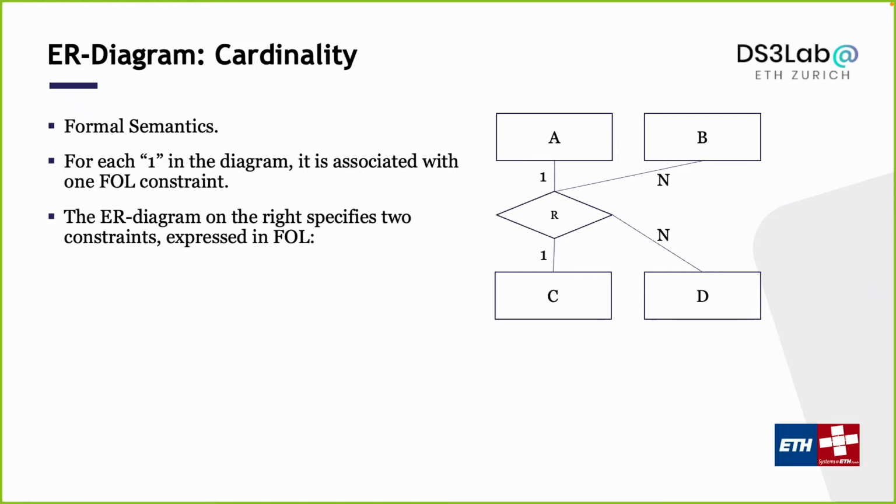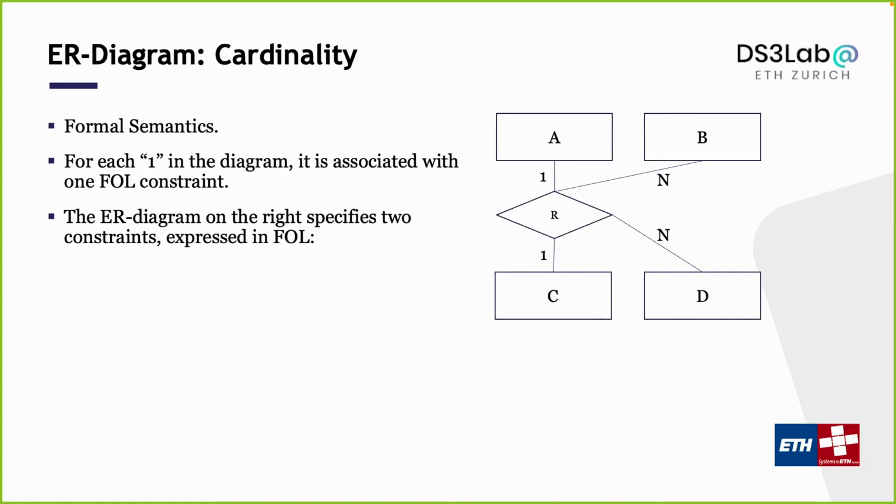So how do we encode that information? We talked about one notation to express that, which is having those labels of 1 and n whenever you have a relationship connecting to an entity set. We also talked about the formal semantics of this. By having this notation, what do we mean by this?